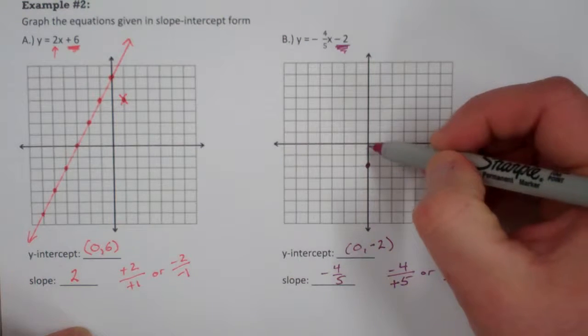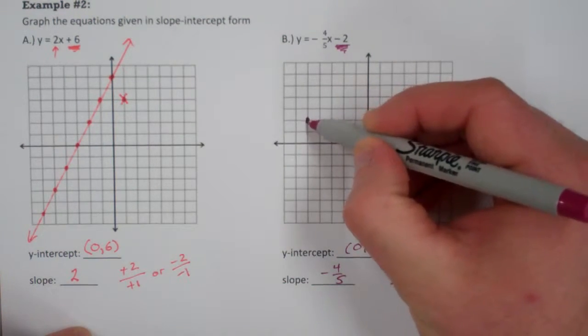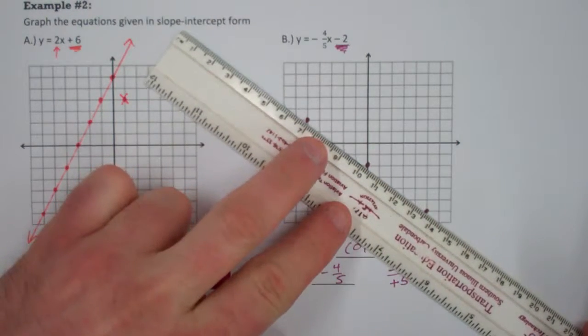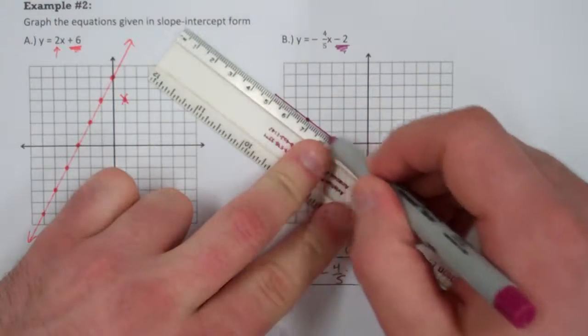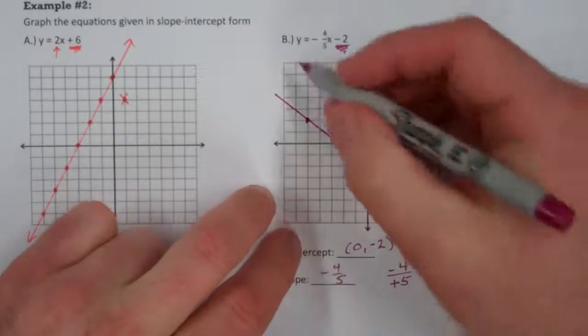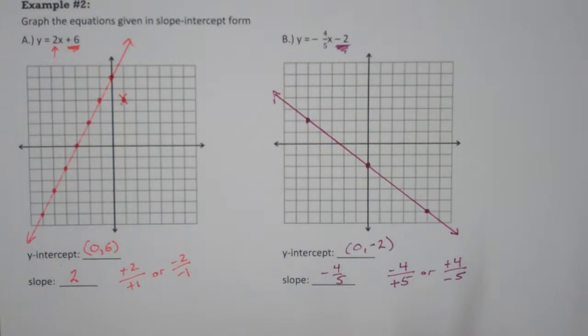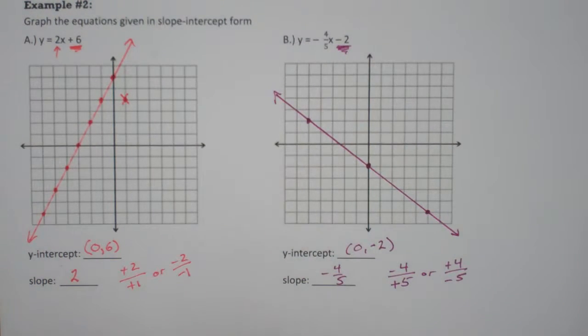Let's use up 4, and then 1, 2, 3, 4, 5, left 5 here. And you can see that our points are lining up in a straight line. That is absolutely wonderful for us. So we'll draw that straight line right there. And there you have it. 2 equations graphed pretty efficiently using slope-intercept form.